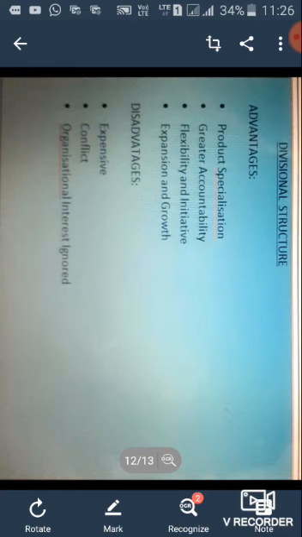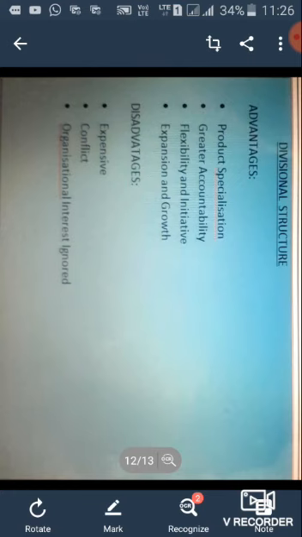Next is expansion and growth. It facilitates expansion, diversification, and growth as new divisions can be added without interrupting the existing ones. Next are the disadvantages. The first one is that it is expensive, because there is duplication of work.